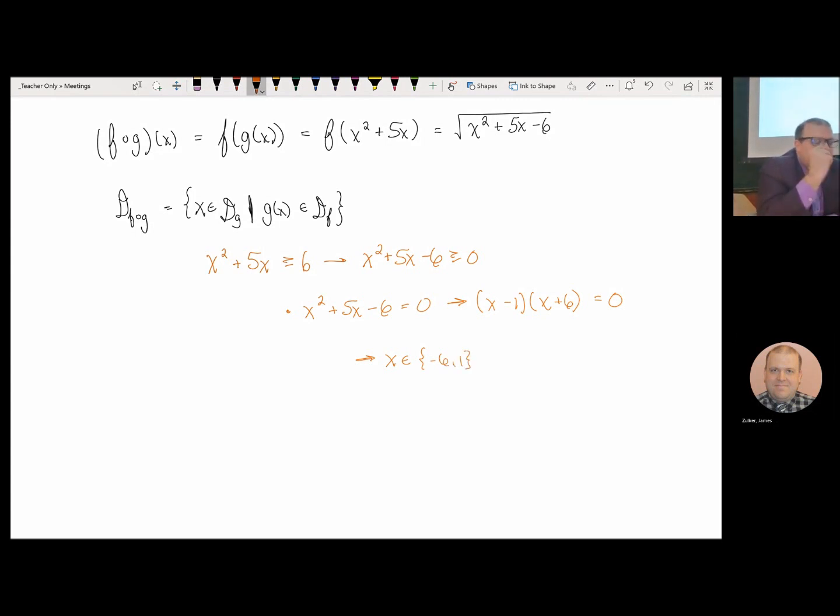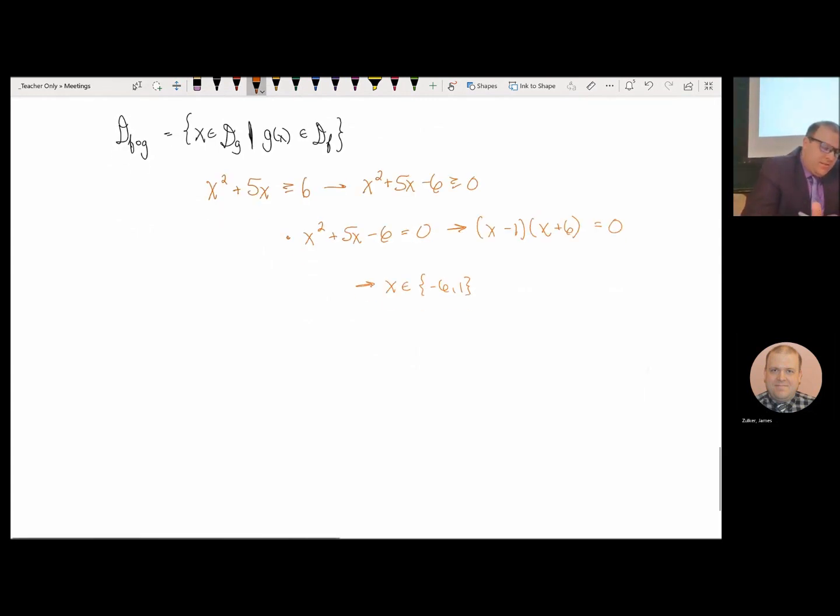That would make x either -6 or +1. Those are the breakpoints. Right?